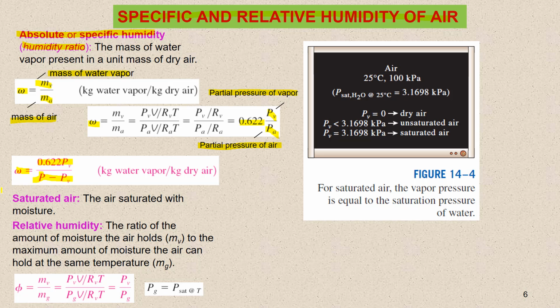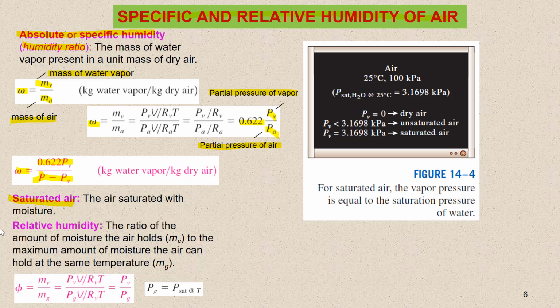At this point, the air is said to be saturated with moisture and is called saturated air. Any moisture introduced into saturated air will condense. The amount of water vapor in saturated air at a specified temperature and pressure can be determined from equation 14.8 that is given in the text by replacing P sub V with P sub g, the saturation pressure of water at that temperature.